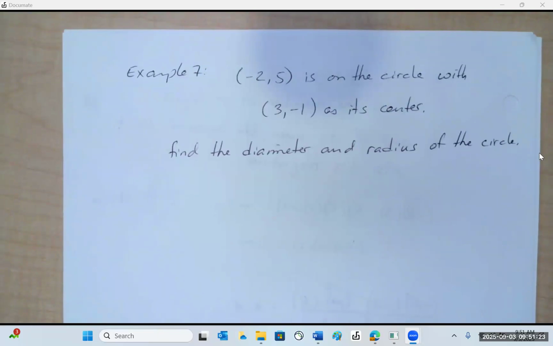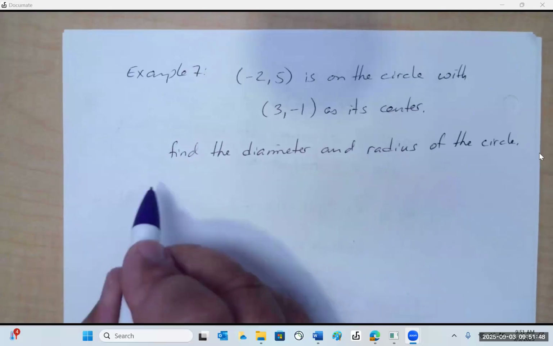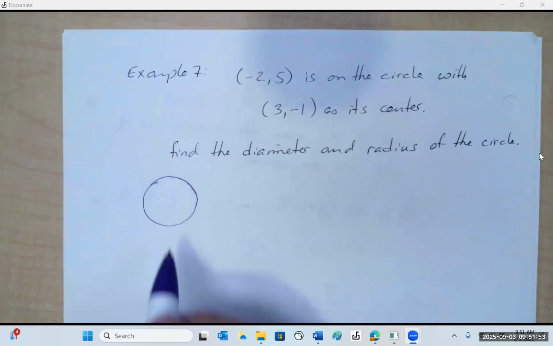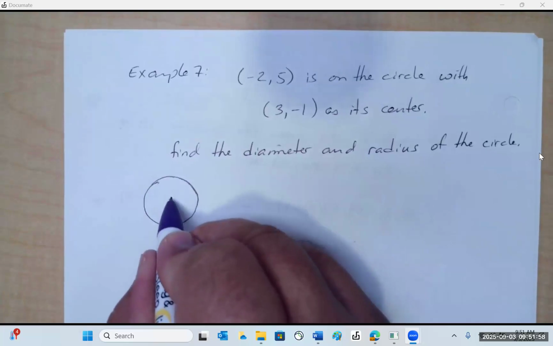So what is it asking you to find? So what are diameter and radius? What's the diameter of a circle? What's that? Nope. That's circumference. That's the outer edge of a circle. If you have a circle, it has a center, like a bicycle wheel.